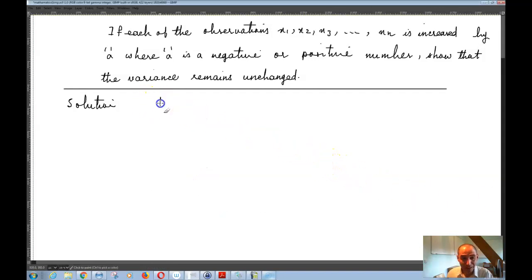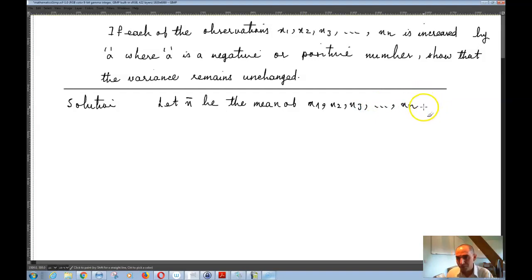Let x bar be the mean of x1, x2, x3 all the way up to x of n.